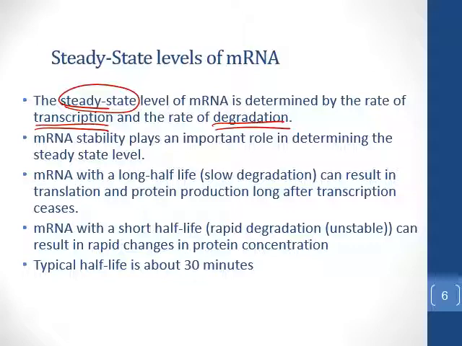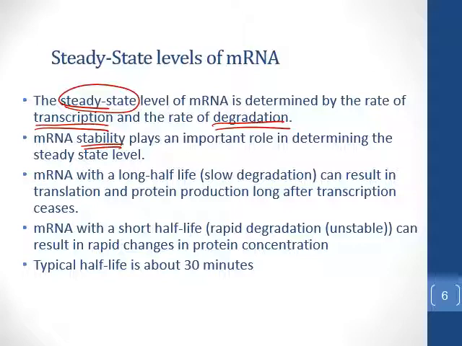So there's a concept called mRNA stability, and mRNA stability plays a really important role in determining the steady state. A stable mRNA is an mRNA that hangs around for a long time. It doesn't get degraded rapidly. So we can talk about half-life.